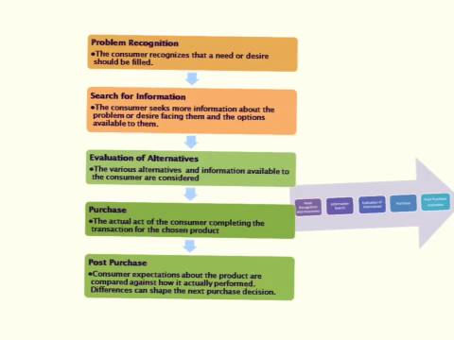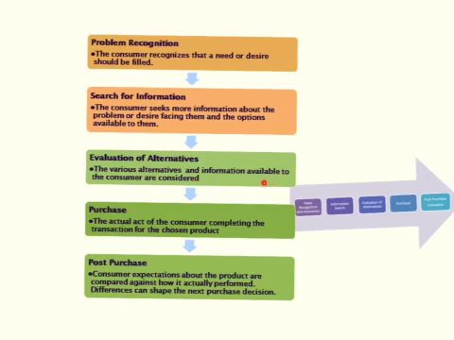What does it mean? It means that they try to search for as much information as possible to support their desire and to have the options available to them. And after that, they are going to evaluate the options available to them. Right now they have some information on hand already, which we call various alternatives or many choices.